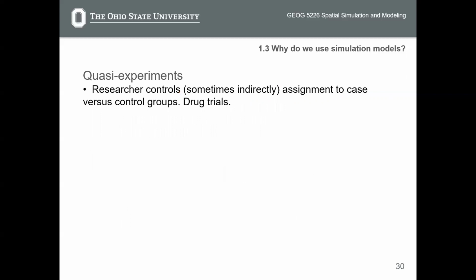So if that's the case, you may want to do a simulation instead of the real world experiment. And there are other experiments that cannot be perfectly implemented or are not possible to repeat in the real world. For example, there is a type of experiment called a quasi-experiment, where a researcher controls, sometimes indirectly, the assignment to case versus control groups. For example, drug trials.